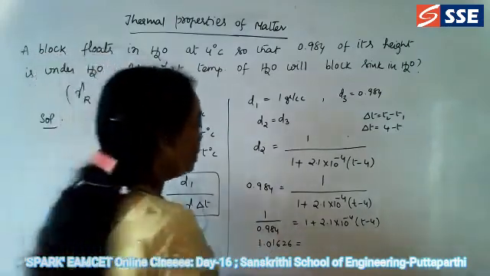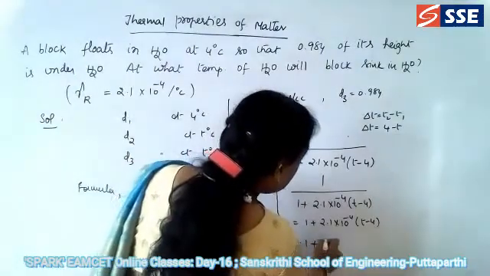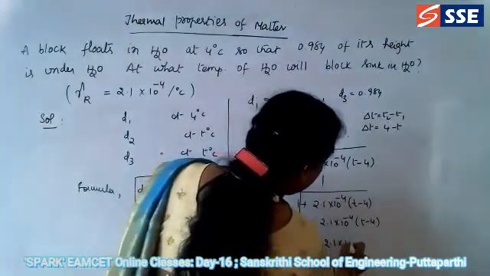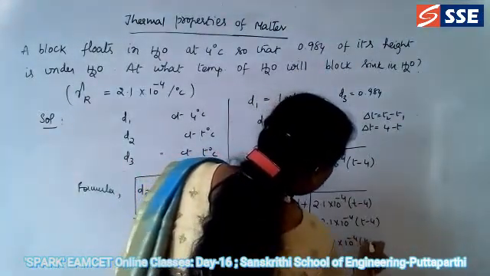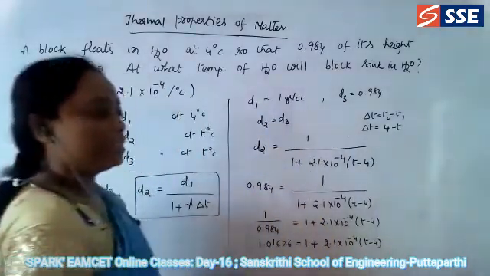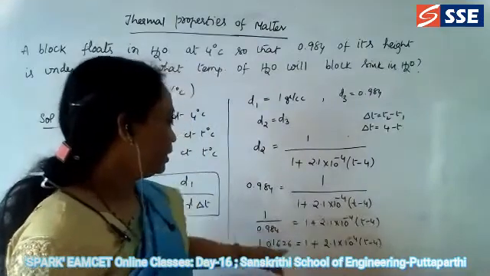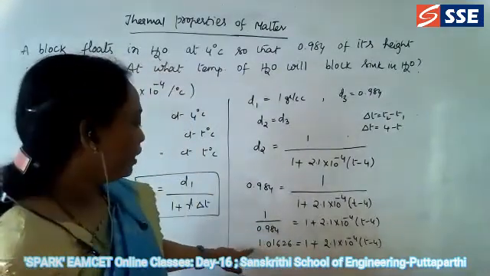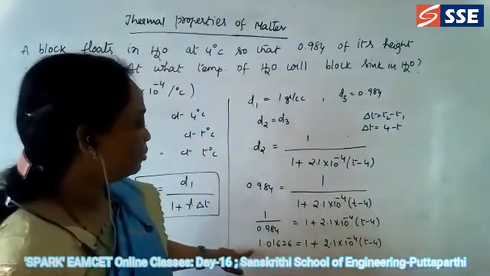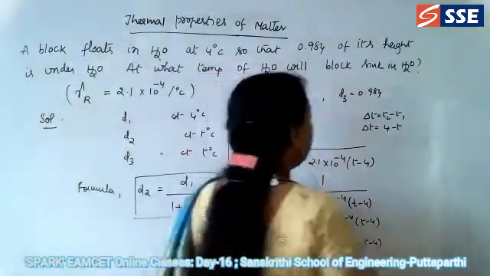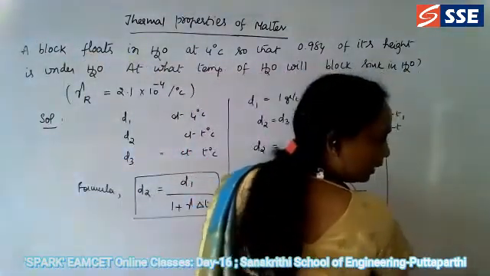Then 1 plus this as it is, 10 power minus 4 into T minus 4. Then simplify. What is the T value you are going to get? Bring the 1 to the other side, then we can calculate the T value directly.